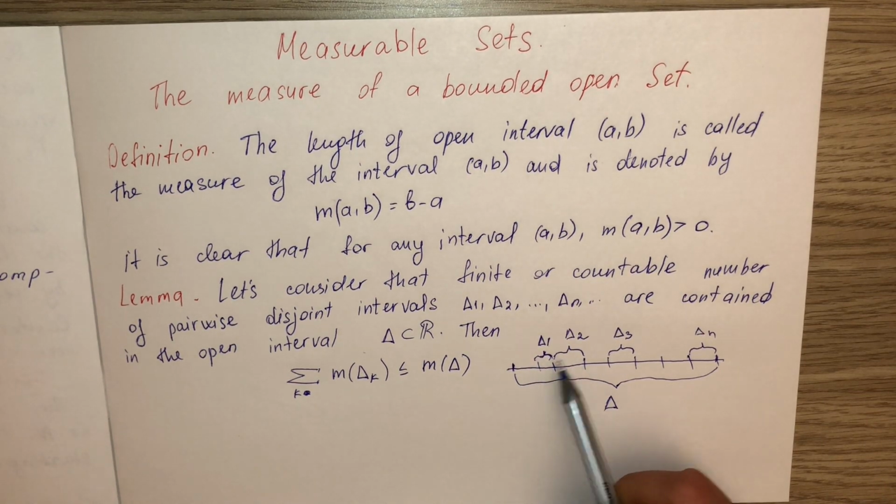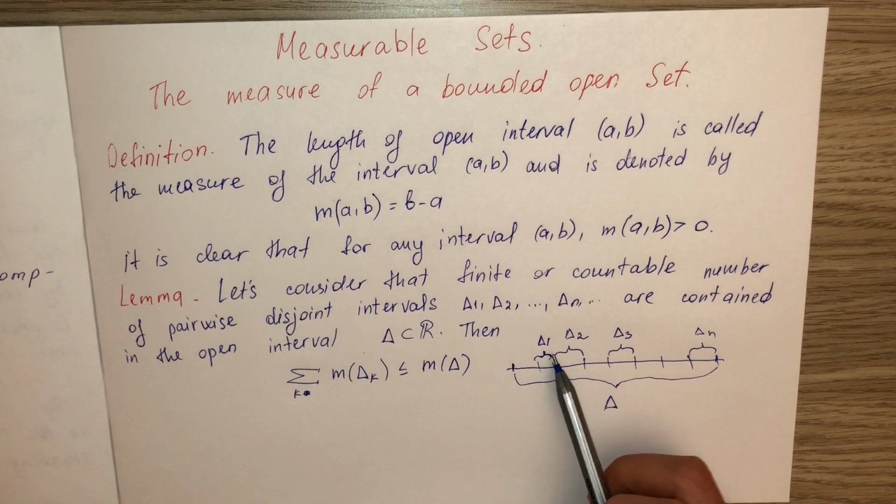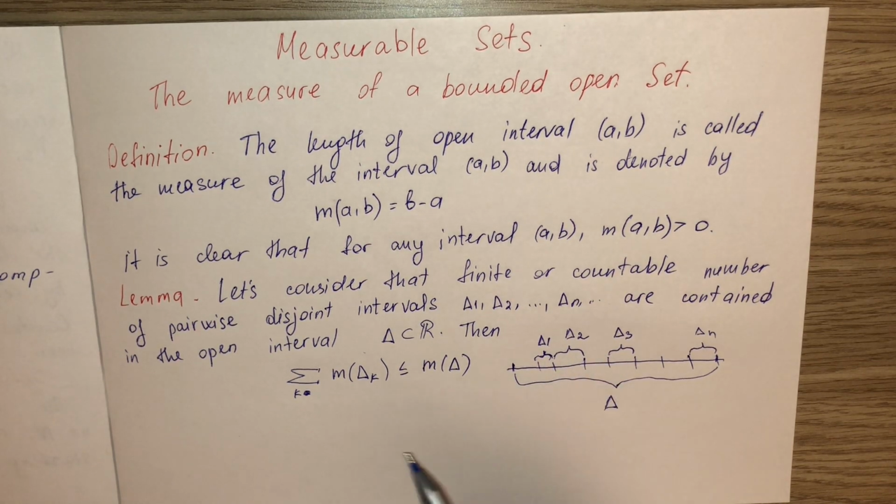As you know, there are no common elements in these disjoint intervals. So the sum of all the measures of delta k is less than or equal to the measure of our main interval delta.